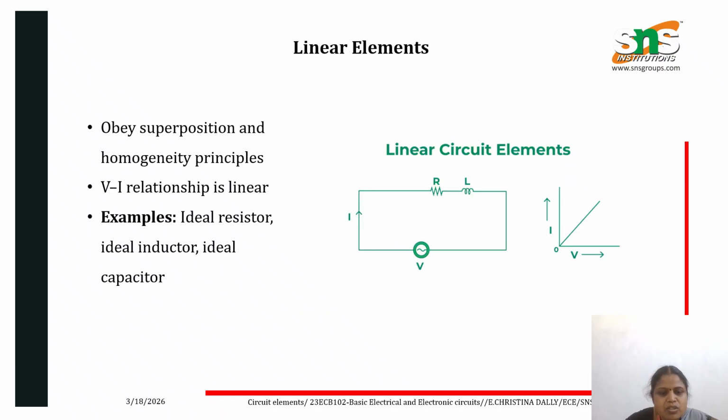Linear elements. What do we mean by linear elements? They obey the superposition and homogeneity principles. Here the VI relationship is linear, that is voltage versus current. For example, an ideal resistor, ideal inductor or ideal capacitor are examples of linear elements.